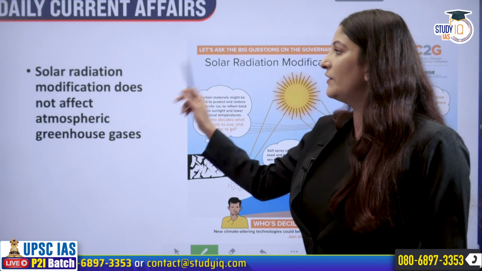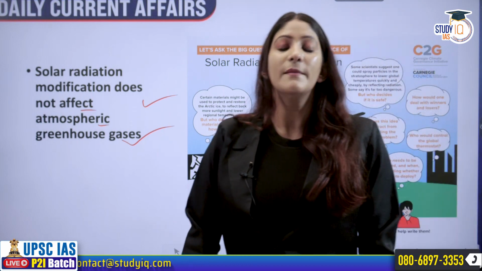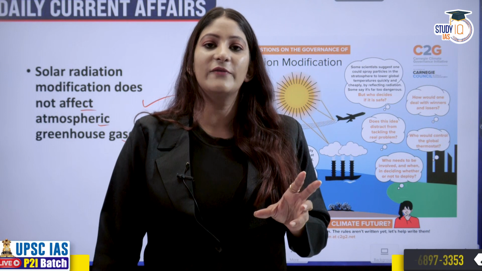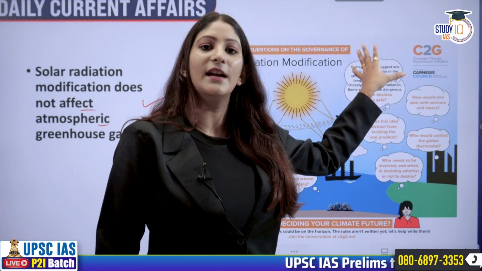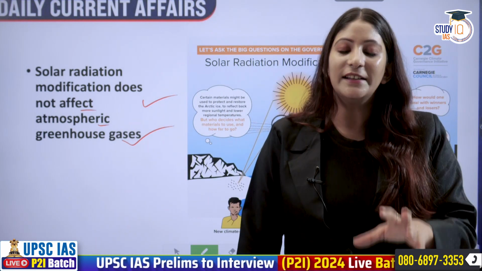Second is solar radiation modification. It does not affect atmospheric greenhouse gases, because we are trying to sprinkle our atmosphere with some sort of material which will ensure that the solar radiation coming onto the surface of the earth is modified in such a manner that it doesn't reach the earth, or if it does reach, there is a filtering process.